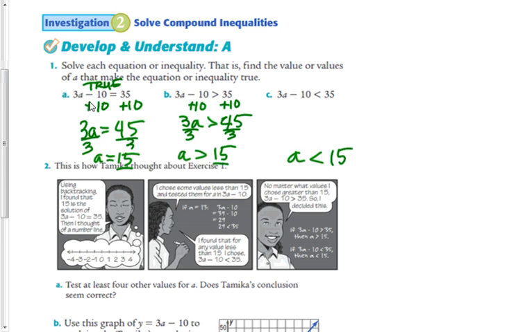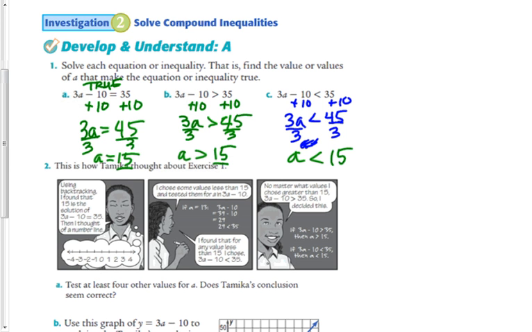So if I just add 10, I get 3a is less than 45, divide by 3, and I get a is less than 15. So it seems like solving an inequality is really the same as solving an equation.